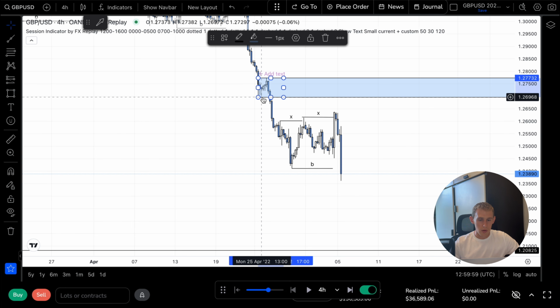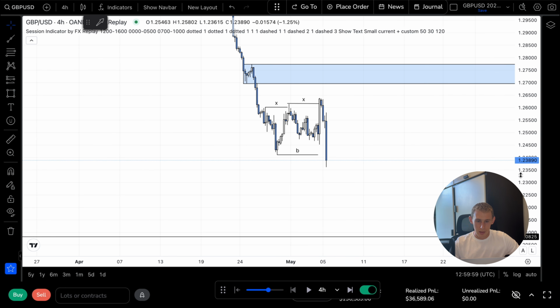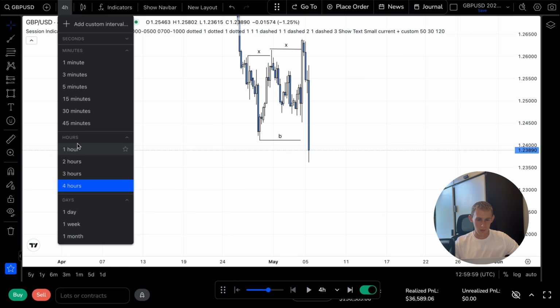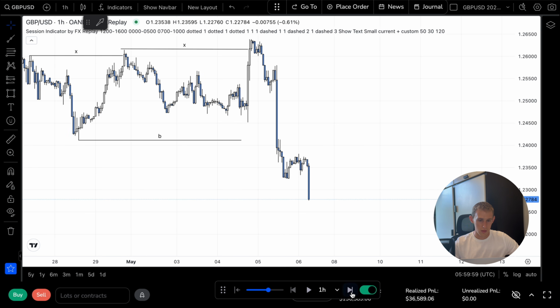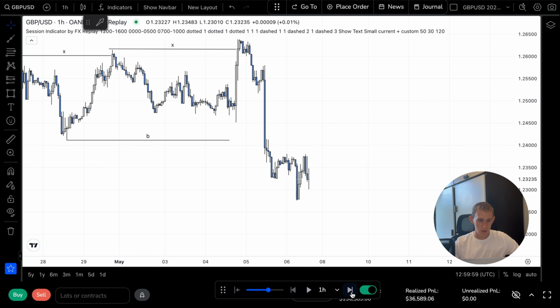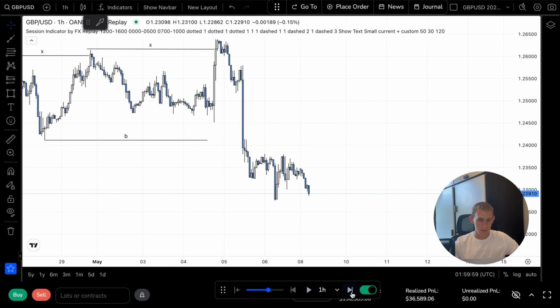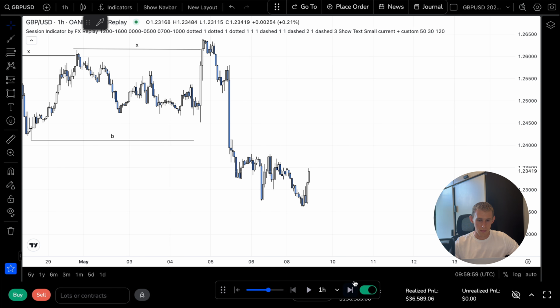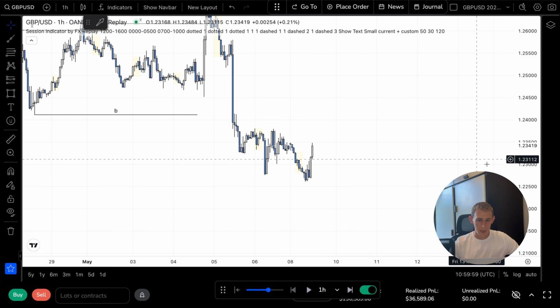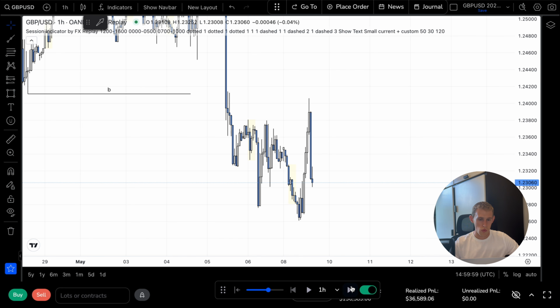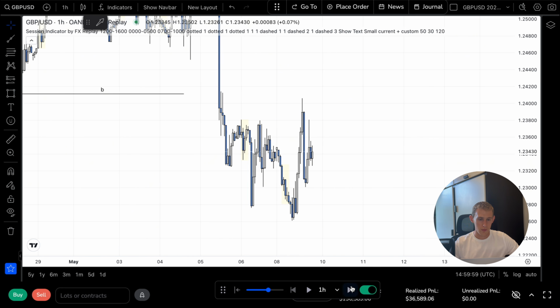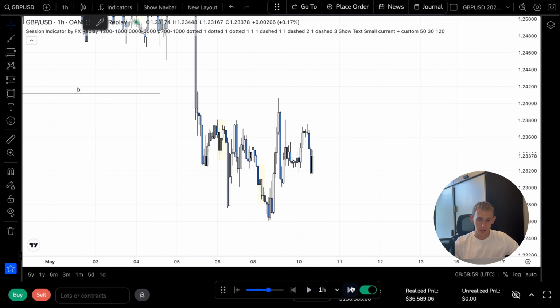I'm going to keep this one on because if price comes up there, it's still a valid POI. Not seeing anything clean here, to be honest.